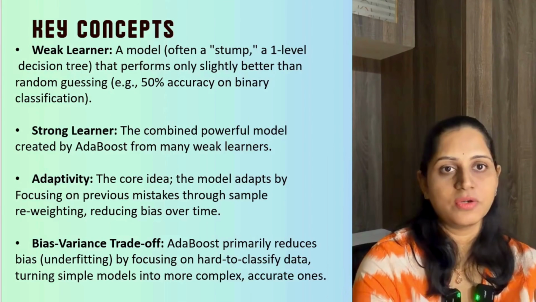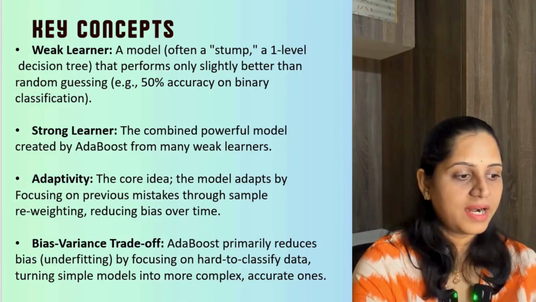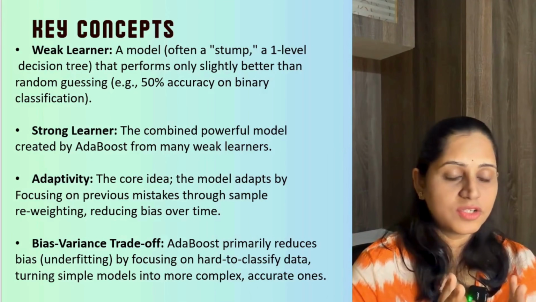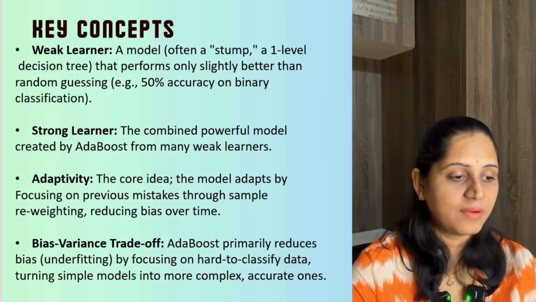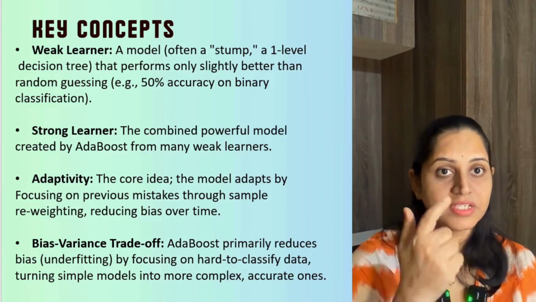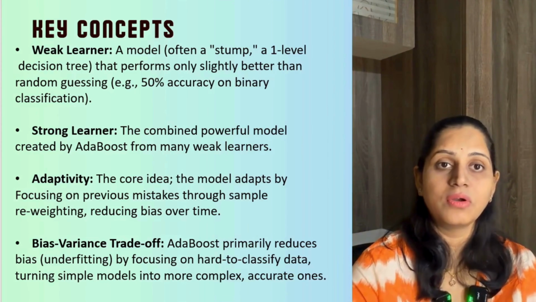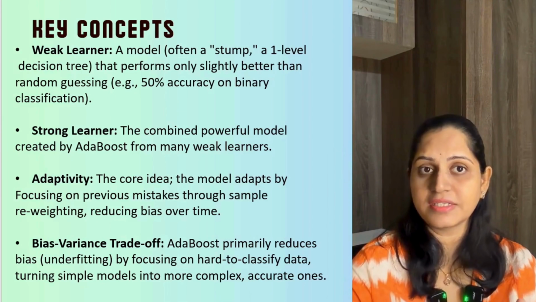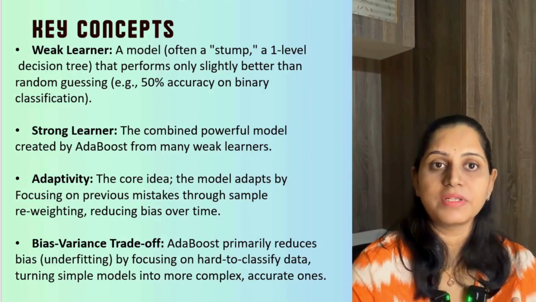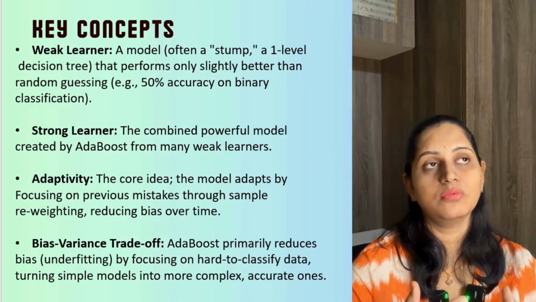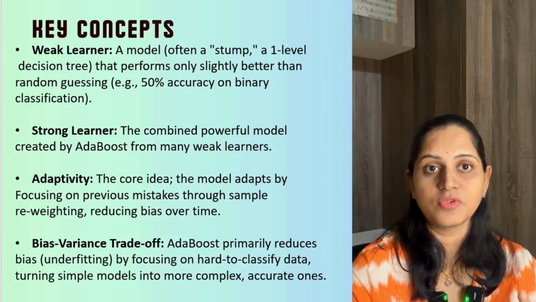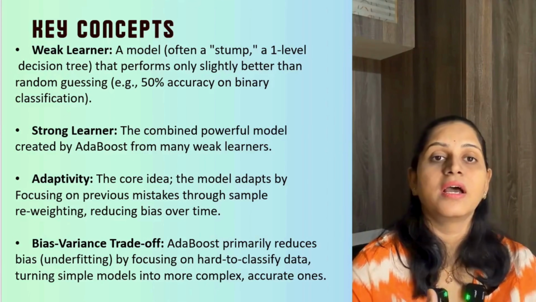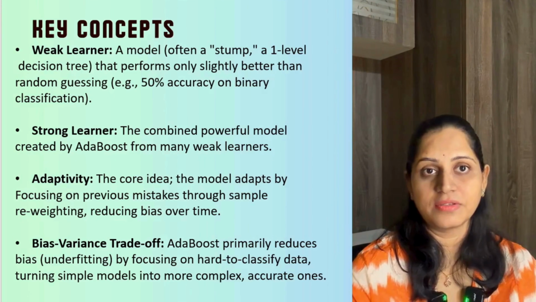That's your adaptivity. Then we have the bias-variance trade-off. We understood that AdaBoost reduces the bias. How? Because it works with multiple samples, not a single sample, so the data points it learns throughout the process help it understand the real patterns of the data.